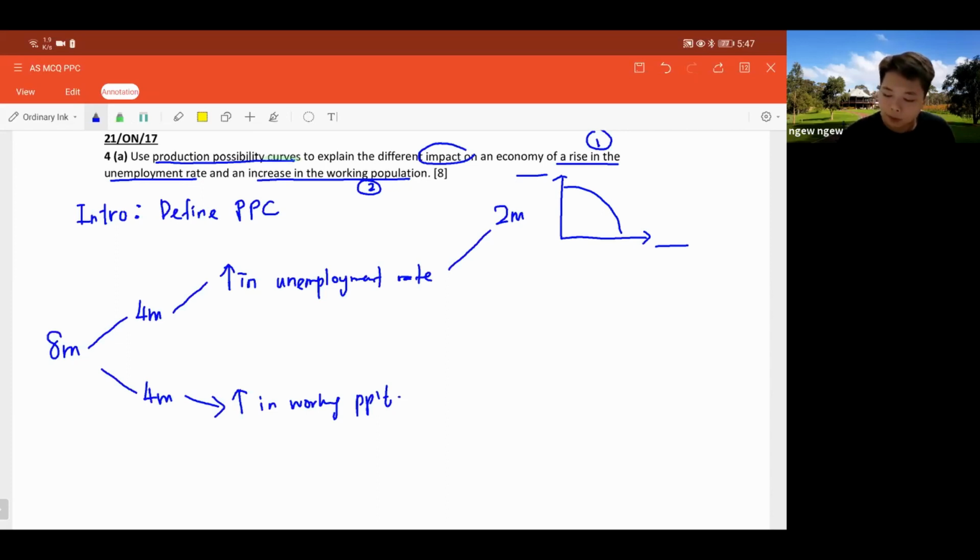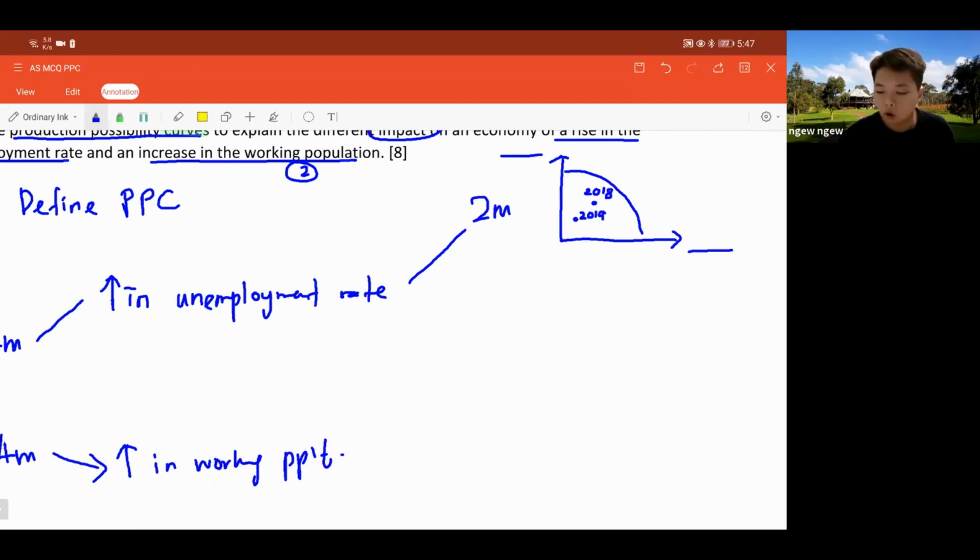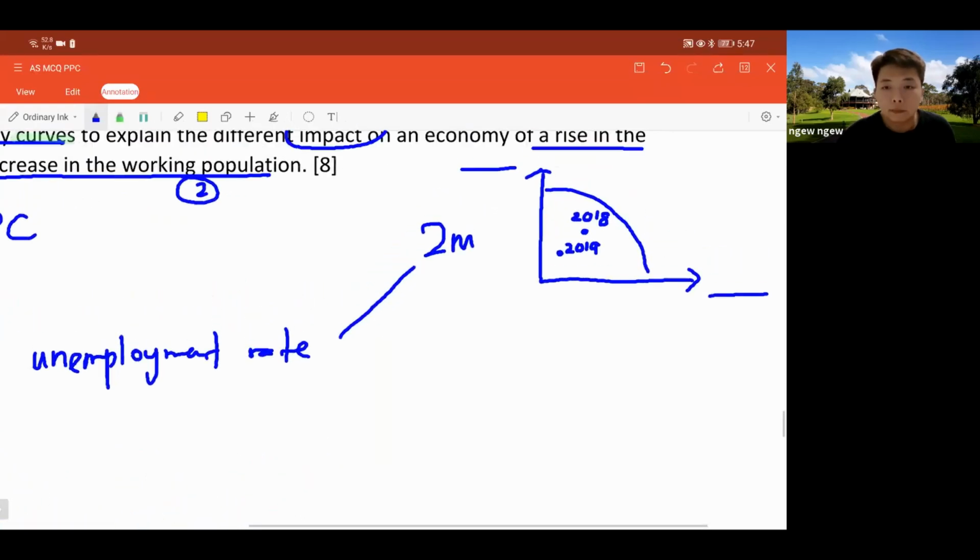Rise in unemployment can be shown by, if you are here in 2018, then in 2019, you are moving even closer to your PPC. So in 2018, you produce this much of 2 goods.